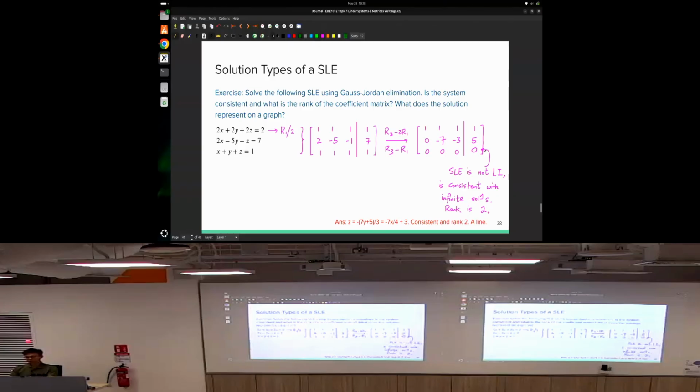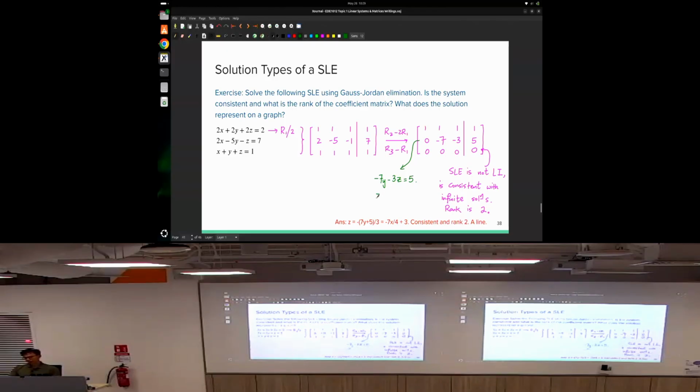Okay, of course the last row, nothing to solve. 0 equals 0, nothing to solve. So you can start from the second row. The second row is going to give you what? Minus 7y minus 3z equals 5. So you can isolate whichever variable you want, it doesn't matter actually. But just to follow my answer here, I isolated the z variable.